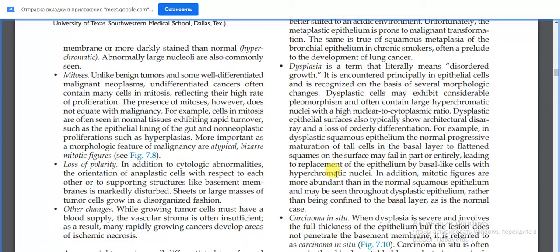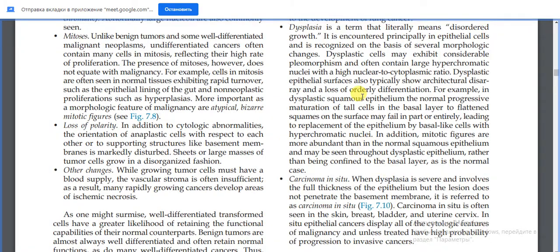That's why it's better to discuss it in systemic pathology, not general pathology. But anyway, remember dysplasia is a middle stage between differentiated and anaplastic tumors.